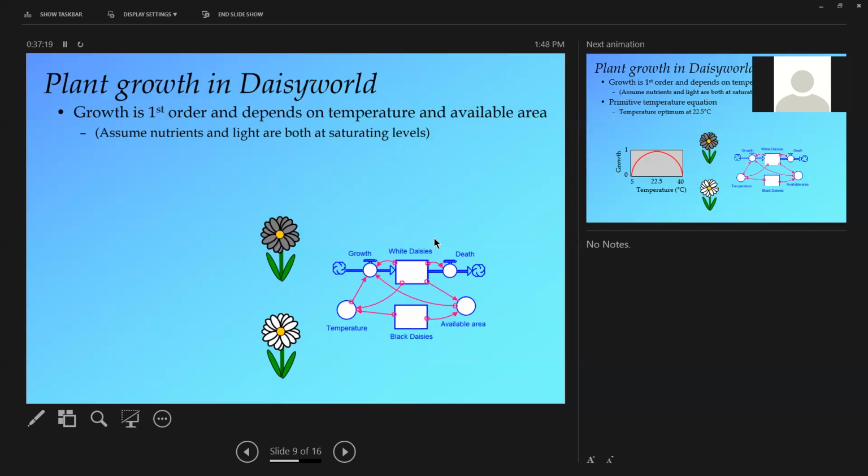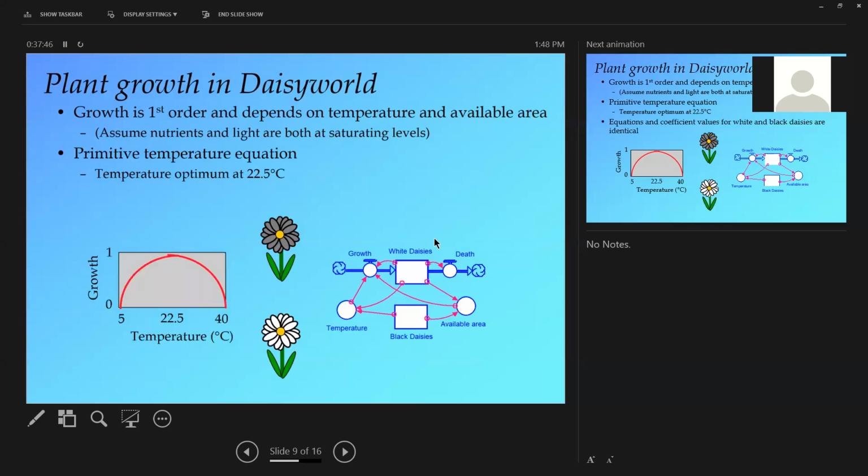And we've got simple first order loss as well. You've got a first order growth, which is temperature dependent, and a first order loss, which is not temperature dependent. That depends on how much of each of these stocks is present, basically ground cover. So at its essence, it's a very, very simple model. And there's a very simplified optimum temperature situation where an optimum is set at 22.5 degrees.